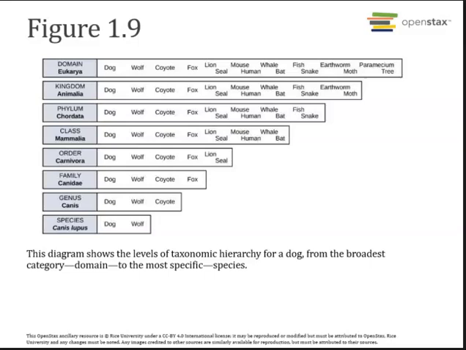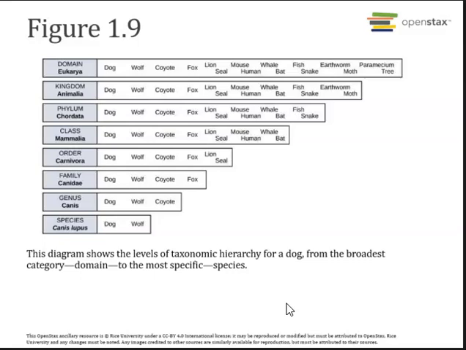So here we can see the taxonomic hierarchy for a dog, from the broadest category, which is the domain, to the most specific, which is the species. There are 3 different types of domains. We have eukarya, archaea, and bacteria.